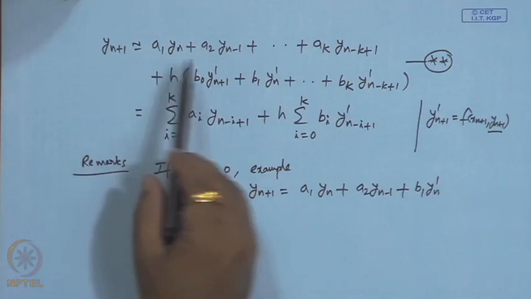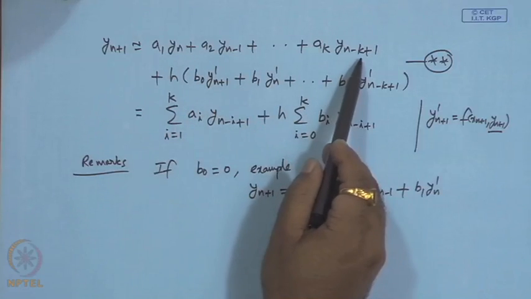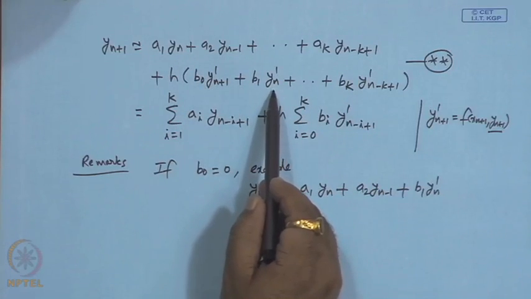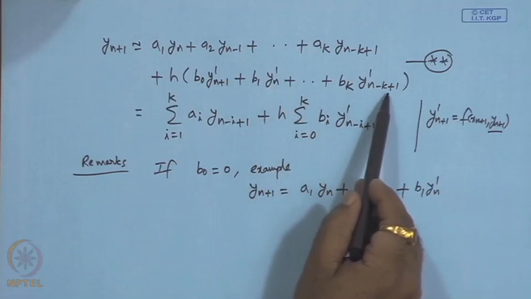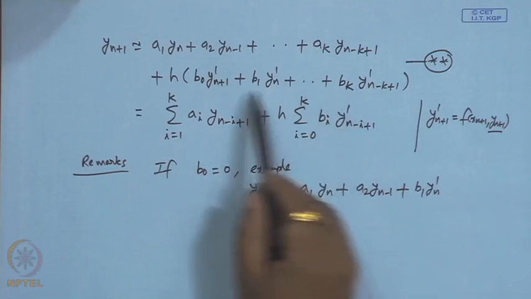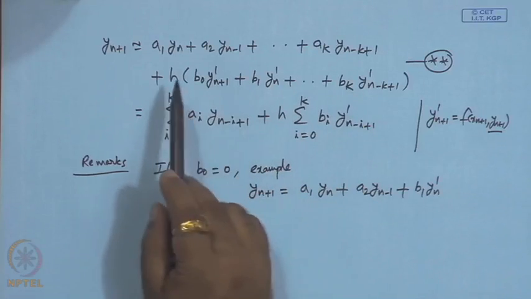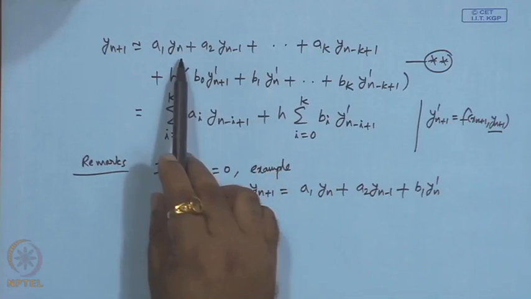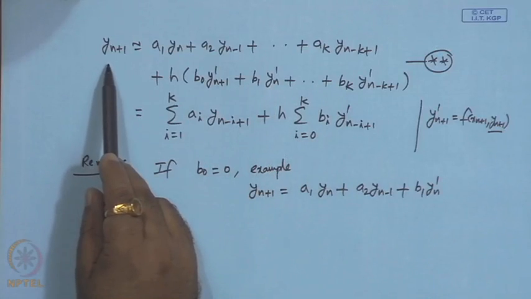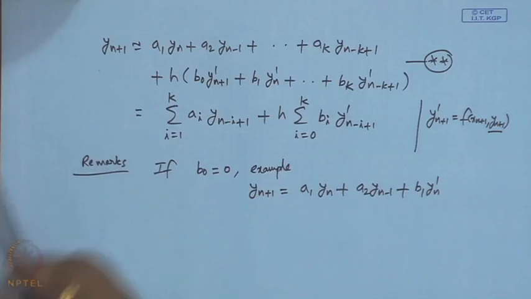So, to compute y n plus 1, we need y n, n minus 1, up to n minus k plus 1, and since b 0 is 0, we need y n prime up to y prime at n minus k plus 1. So, if you know the past values n to n minus k plus 1, one can compute y n plus 1.